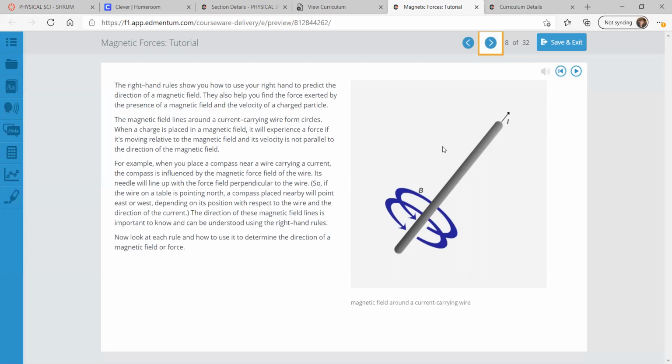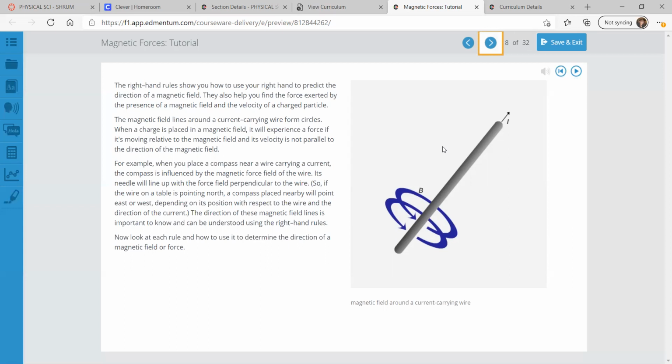For example, when you place a compass near a wire carrying current, the compass is influenced by the magnetic force field of the wire. Its needle will line up with the force field perpendicular to the wire. So, if the wire on a table is pointing north, a compass placed nearby will point east or west, depending on its position with respect to the wire and the direction of the current.